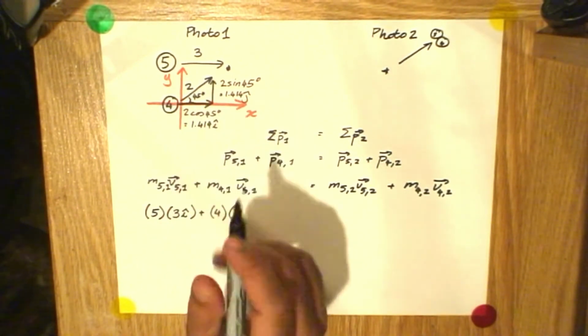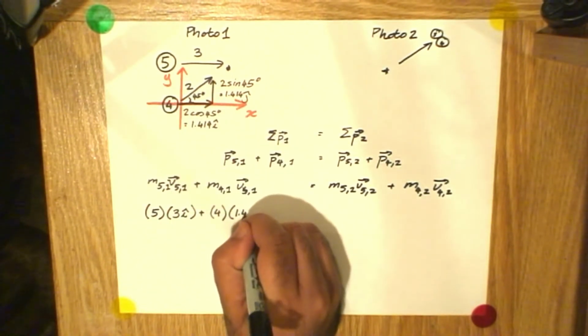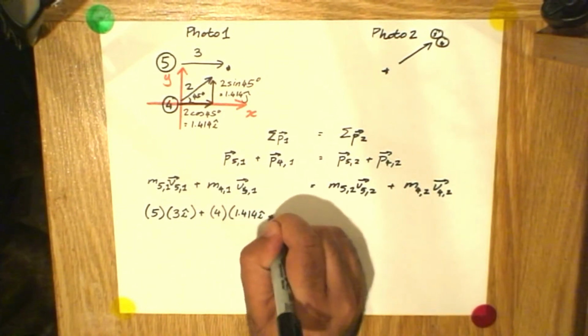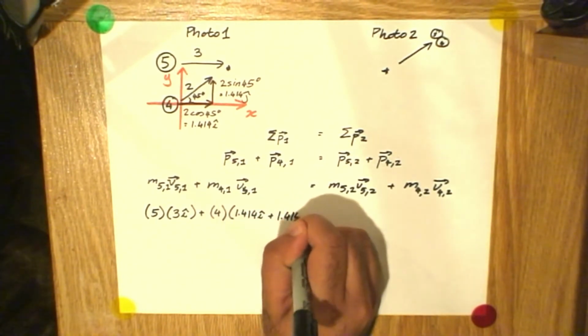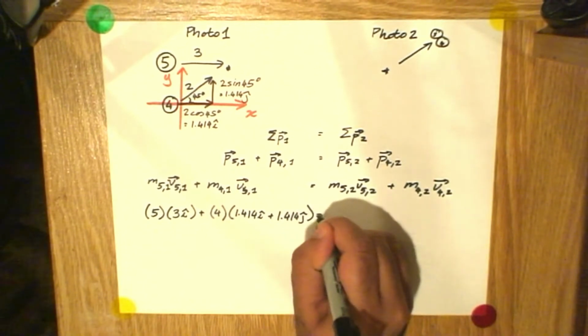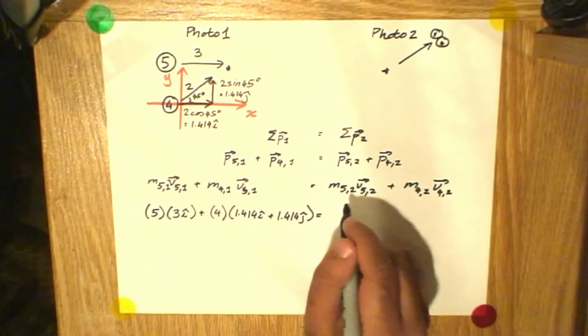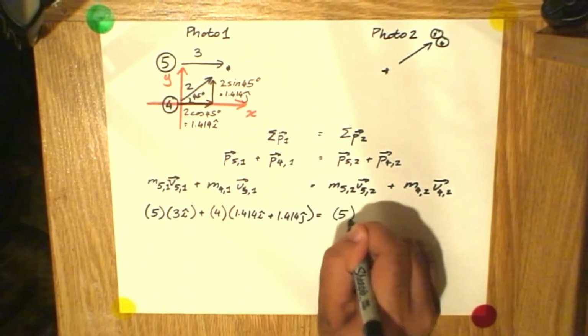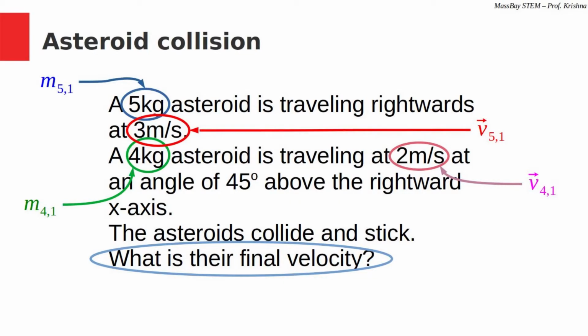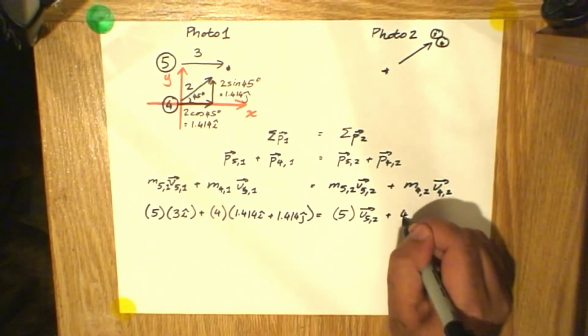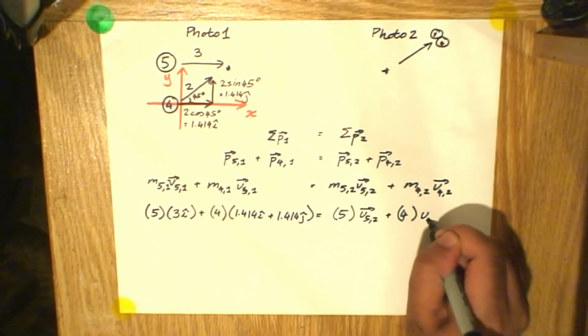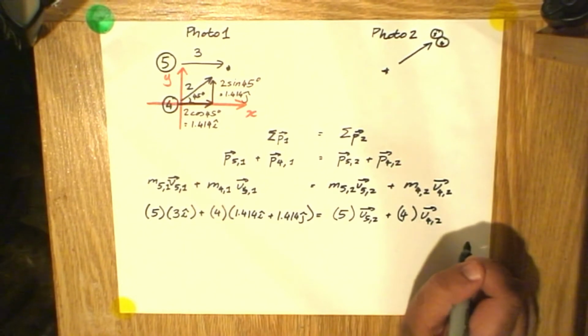We have to account for both of these components. And all of that is equal to mass of the 5 times the unknown velocity of the 5 kilogram after the collision plus mass of the 4 times the unknown velocity of the 4 after the collision.